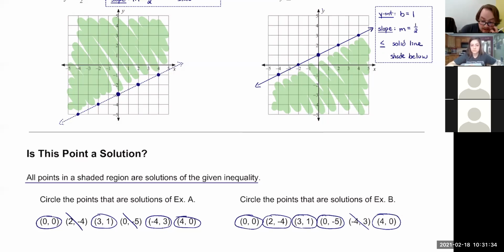So Tira's nodding. So that's 2 people with the same answer. I'm assuming, unless someone argues with me, I'm hoping that that is correct.